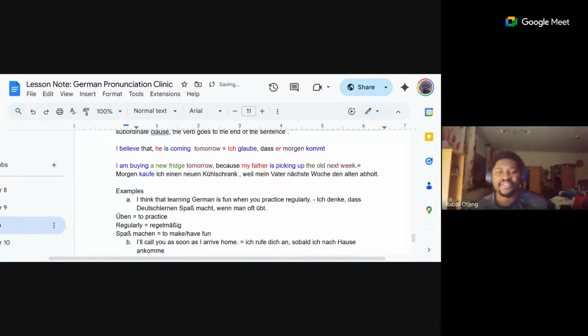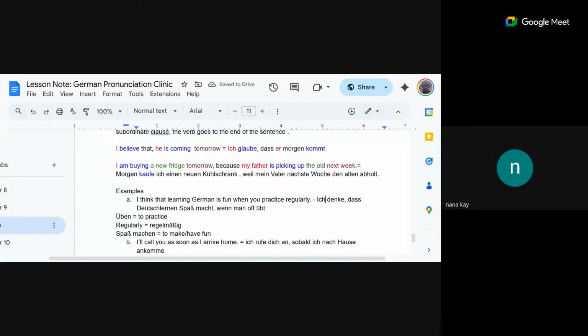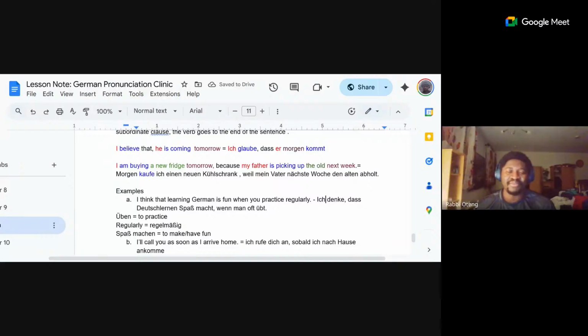Conjunction. Not all conjunctions are used like dass, wenn, sobald. Some conjunctions follow the normal word order of the main clause. So after the conjunction, you go back to the subject, then the verb will come. So it depends.